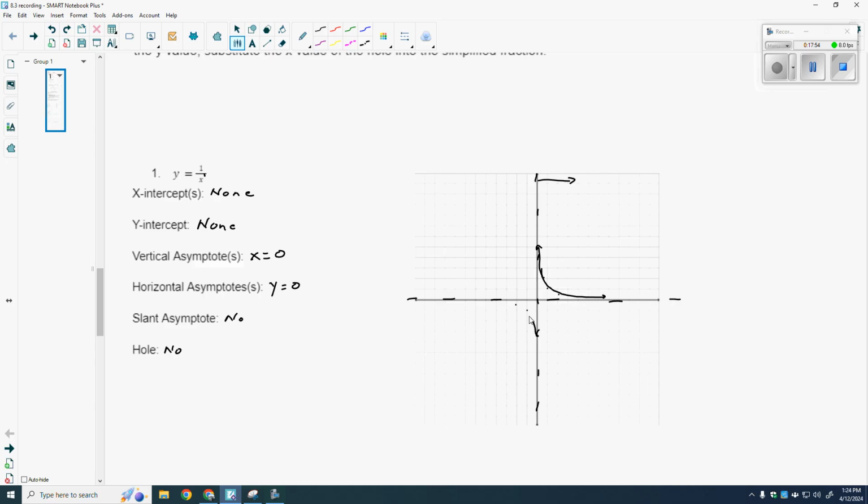It comes like this. And flattens out. And it doesn't cross this one. It flattens right up next to it. I do have arrows on the end of those. May not look like it, but I do. Okay, so there's my graph of y equals 1 over x.